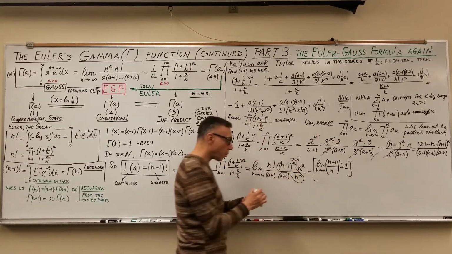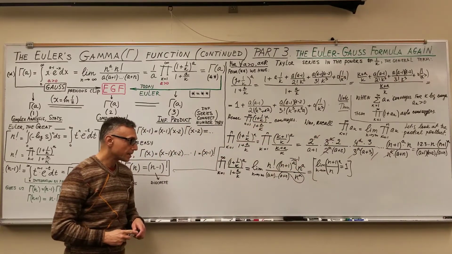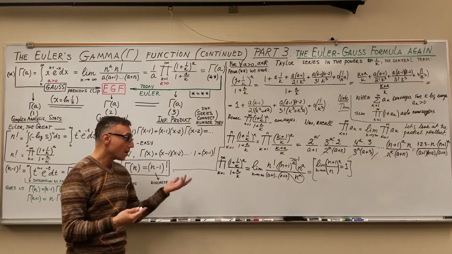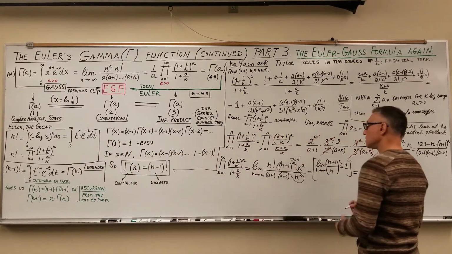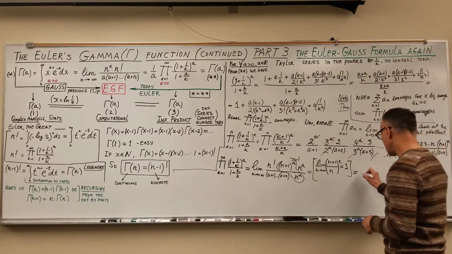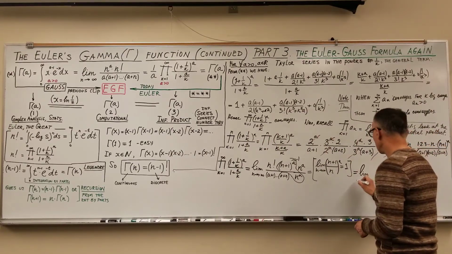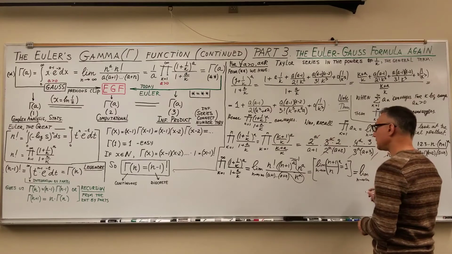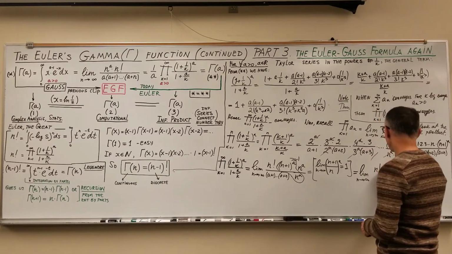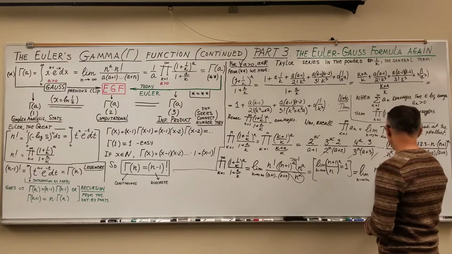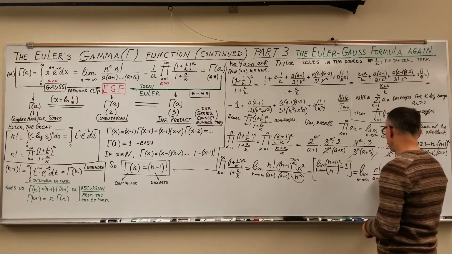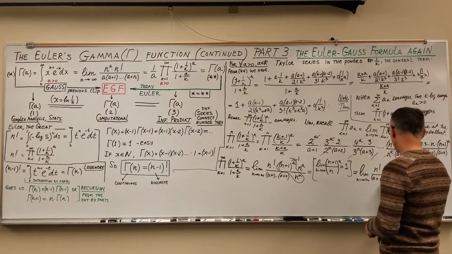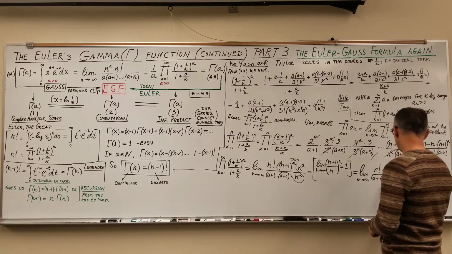This goes to 1. And finally, we are arriving at this wonderful result. The limit as n goes to infinity of n factorial, n to the power of a, over a plus 1 up to a plus n.